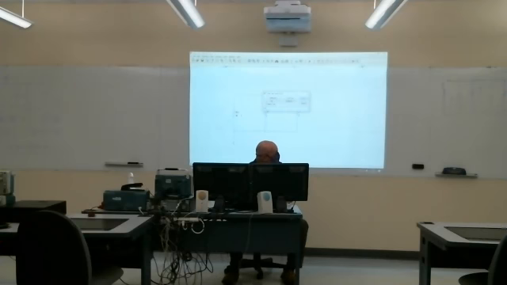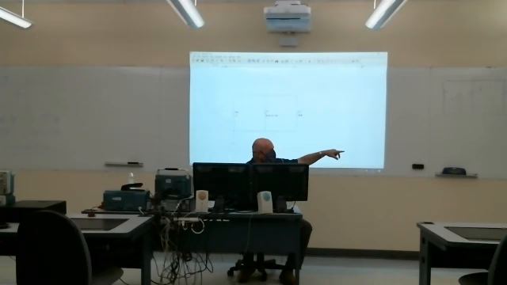Was it 1? Yes. And then the capacitor was 0.25. Yes. The inductor was 0.8, right? Yes, 0.8. And then the other thing with the capacitor, it had an initial voltage of 24. Yes.